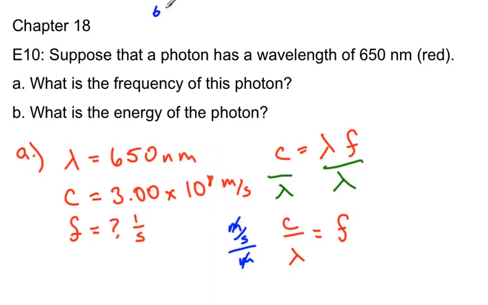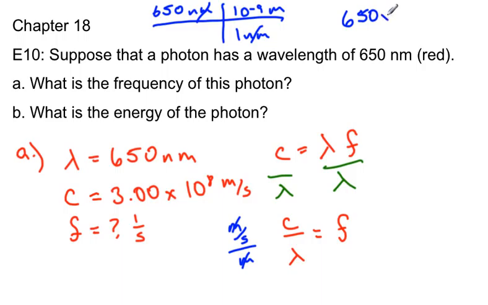So let's convert that. Take 650 nanometers, and we say for every 1 nanometer, we have 10 to the negative 9th meters. You can look that up. That cancels with that, and so now we have 650 times 10 to the negative 9th meters, or you could also say 6.50 times 10 to the negative 7th meters.